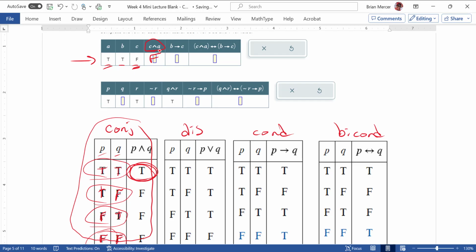And then we look further at the conditional statement, B implies C, or if B then C, however you want to say that. Looking at the conditional, notice the only time it's false is if you start with true implies false.